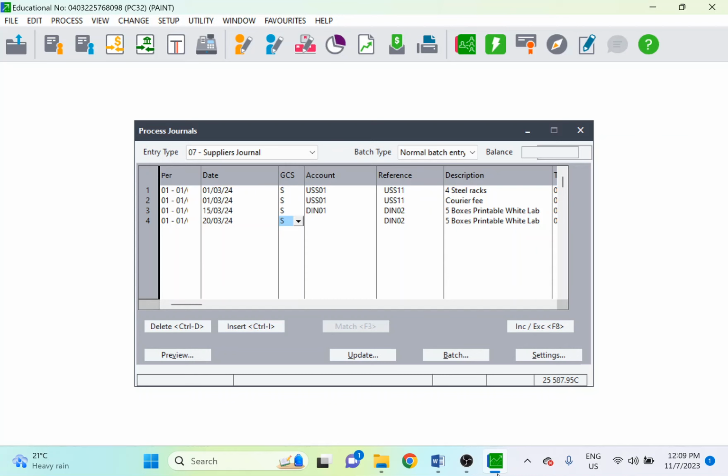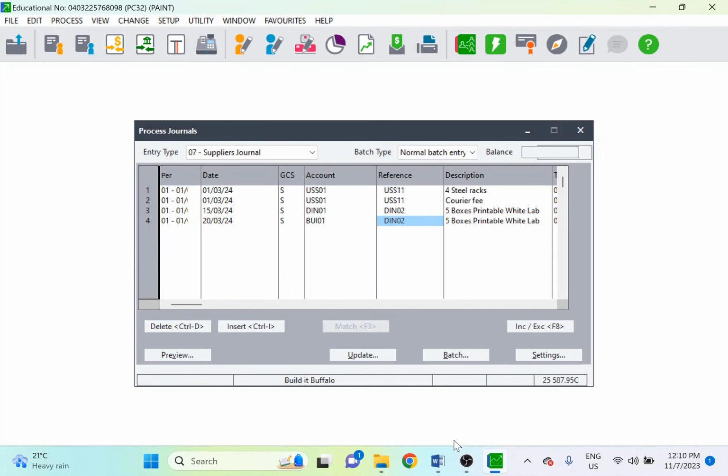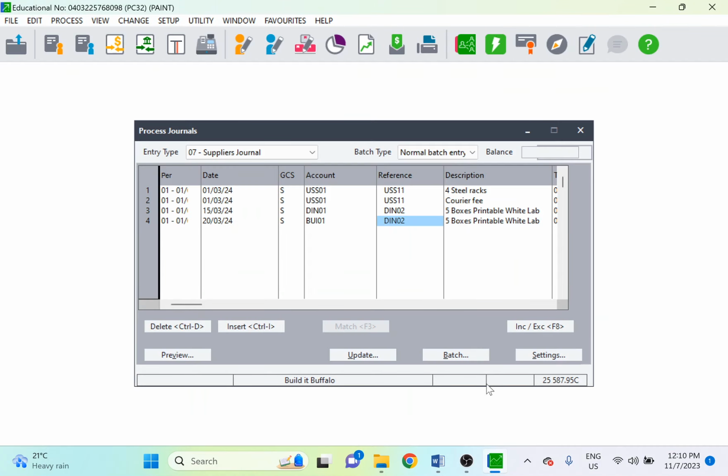Under GCS it's S for suppliers. Under account, we're looking for build it Buffalo number 1. Now build it. Their invoice number is BUI 12. It will go as reference.